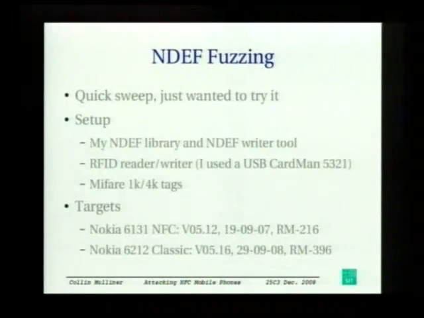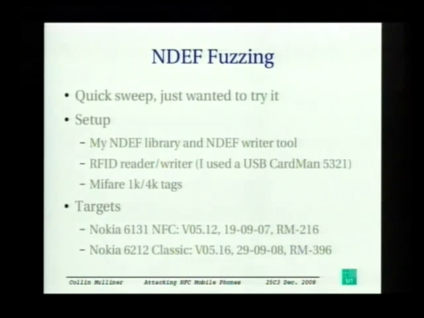After playing with the basic NDEF stuff, where you manipulate the content to trick the user, I thought this was really fun, so maybe we can get some nice crashes or other stuff. So I started to do some fuzzing, basically just my NDEF library in Python, the writer tool, a normal USB RFID writer, and a bunch of tags.